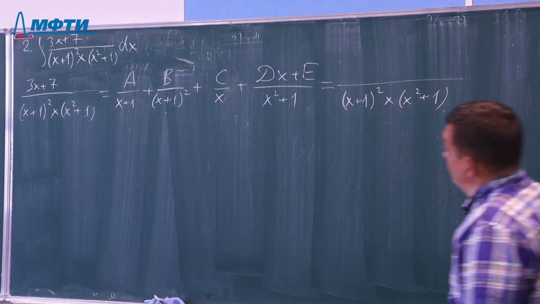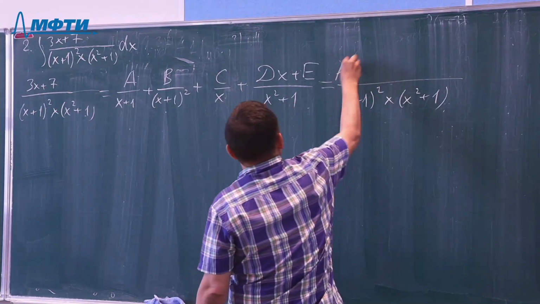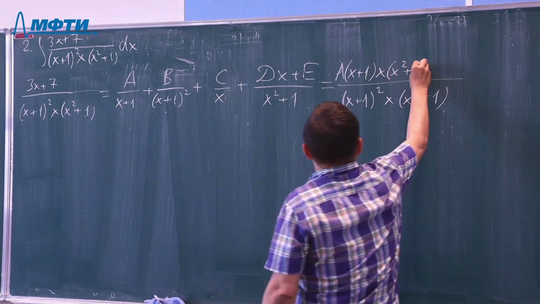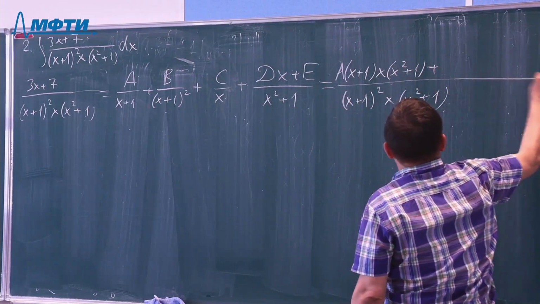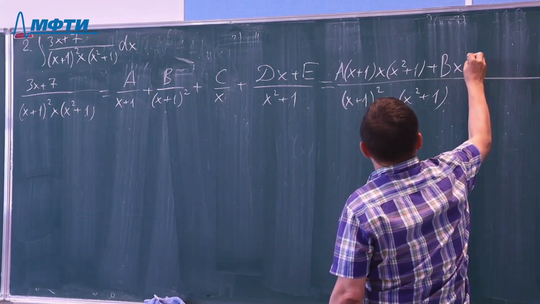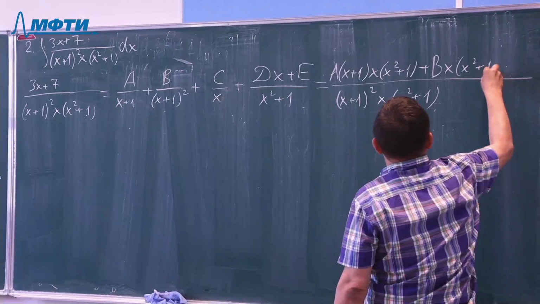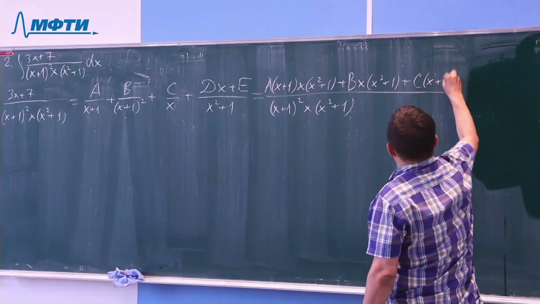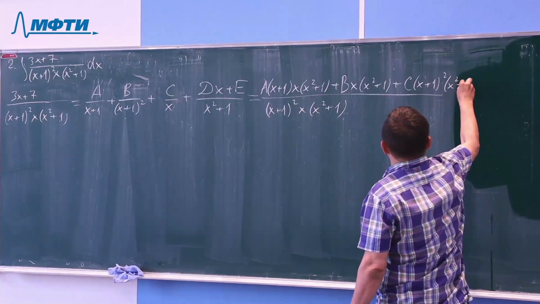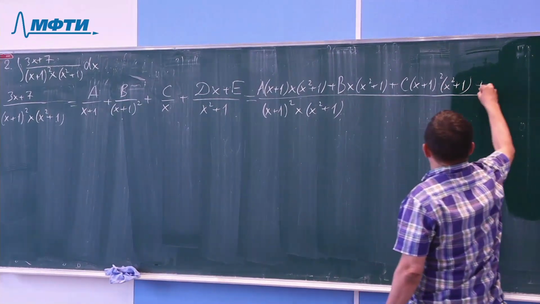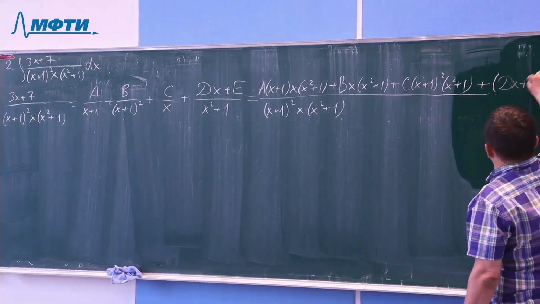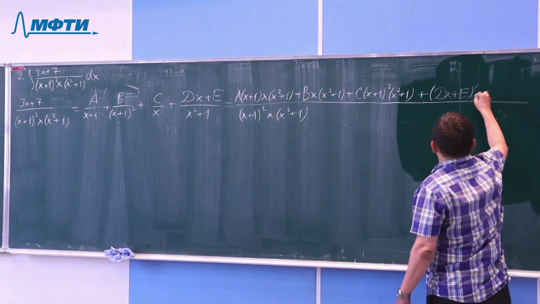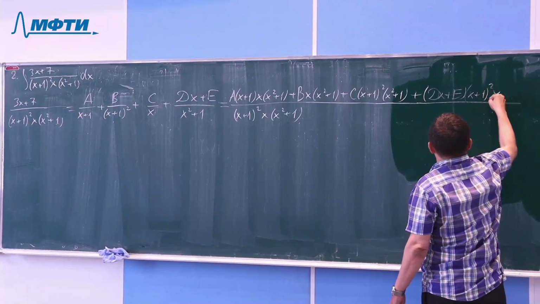And in the numerator we have A times x plus 1 times x squared plus 1, plus B times x squared plus 1, plus C times x plus 1 squared times x squared plus 1, plus (Dx plus E) times x plus 1 squared times x.